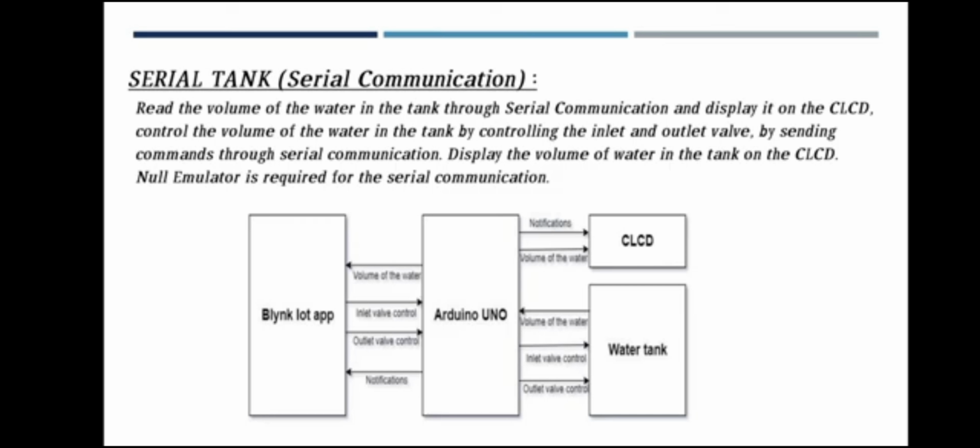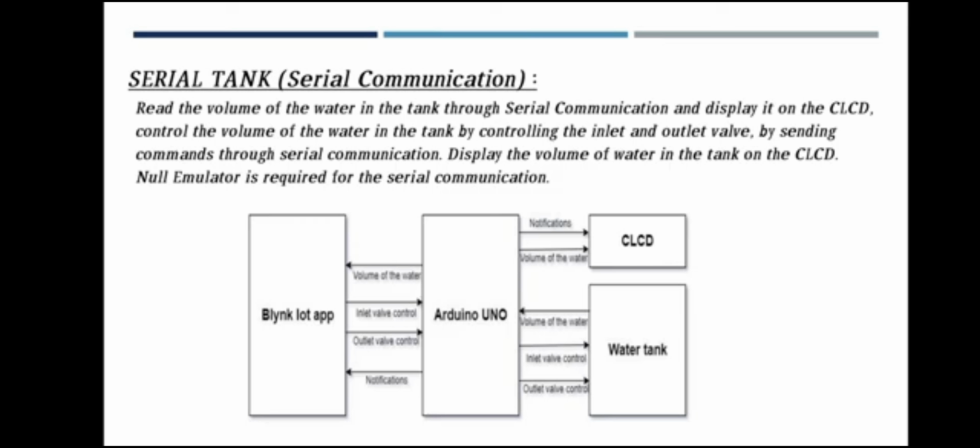The temperature system gives the information to the Arduino Uno, it goes to Blink IoT, and the notification is sent to the CLCD through the Arduino Uno. The CLCD displays the notification, and in the Blink IoT app also we can see notifications.